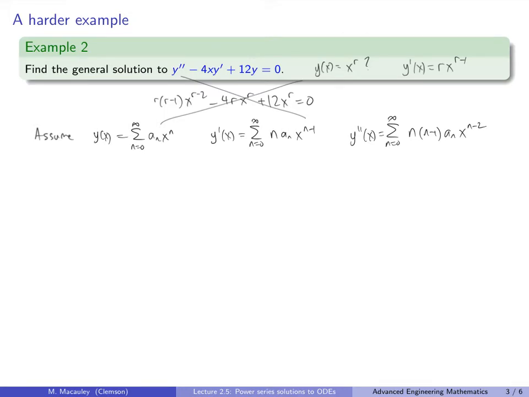Well, before I do, let me just write out this first power series just so you can see what it looks like. Sometimes it helps to see it written differently. So this is a_0 + a_1 x + a_2 x^2 + a_3 x^3 + etc. And by the way, what's the derivative of this? So y'(x), the derivative of that, is this thing.